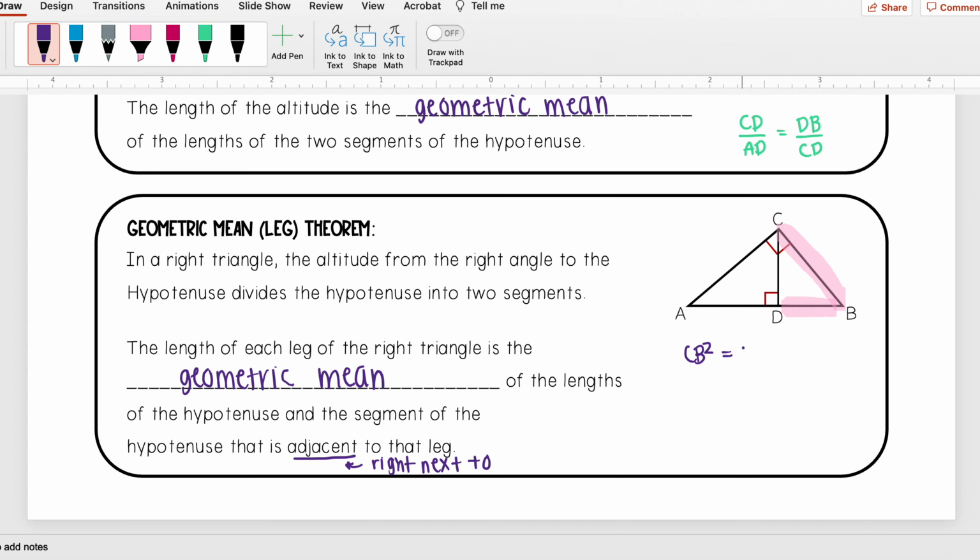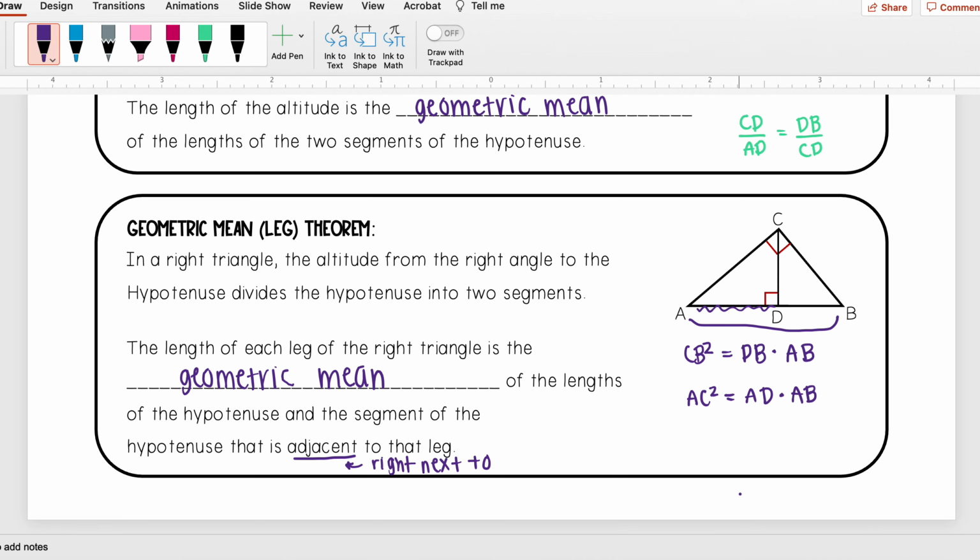So it's going to equal DB times the entire hypotenuse, so AB. Similarly, when we're looking at the other leg, so AC, that's going to be the geometric mean of the segment right next to it. And the segment right next to AC is AD times the entire hypotenuse, AB.